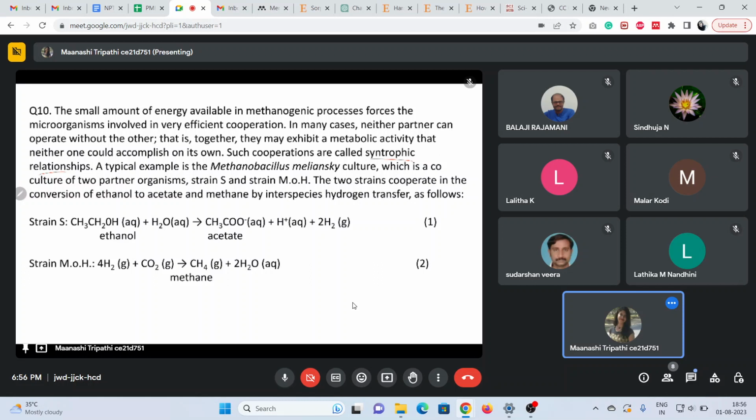This reaction is feasible only when H2 concentration decreases; then only will it go in the forward direction, as I have already explained. So this is feasible only when Q is less than K, when the equilibrium is disturbed. Only then does it get a negative ΔG value. So hence MOH must remove hydrogen efficiently from the solution.